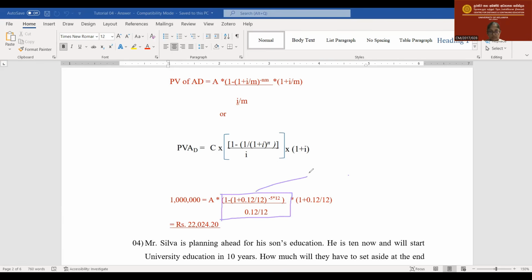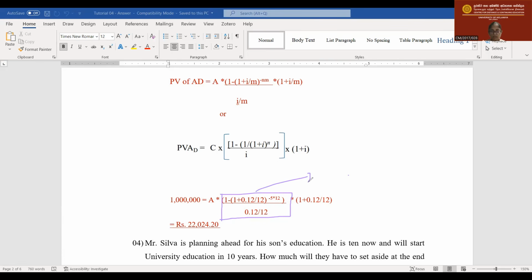Here, this part's answer, again do it with me. 0.12 divided by 12 means 0.01, and for that number you have to add 1. Then you can get 1.01.